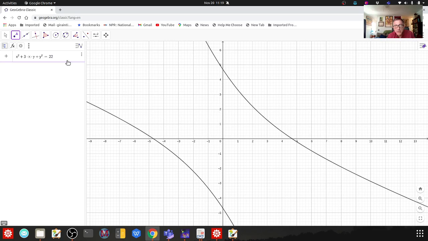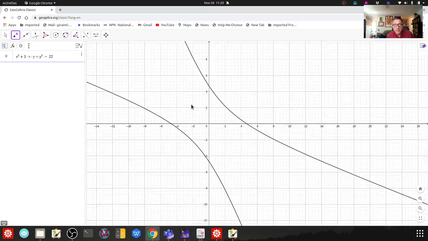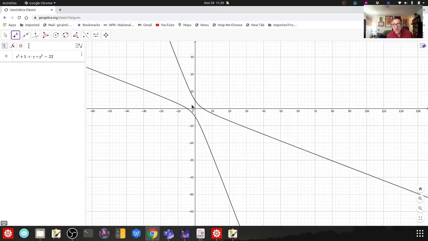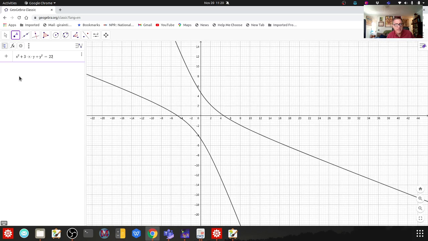Wow, look at that. That's another type of hyperbola. It's kind of like what we just saw before, except it's slanted on the side.